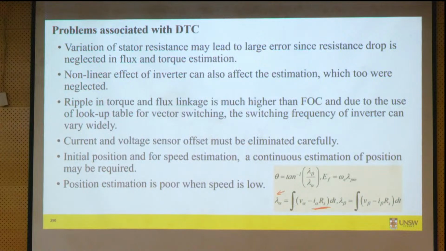If we want to use the real voltage, we have to use some kind of filter, and designing that filter is not always easy, and it sometimes leads to the wrong voltage. So the preferred option is to just use the reference voltage. But then you are ignoring the dead time effect of your inverter, which is the inverter nonlinearity. That also means the flux linkage estimation may not be as accurate, which leads again to the torque ripple problem.